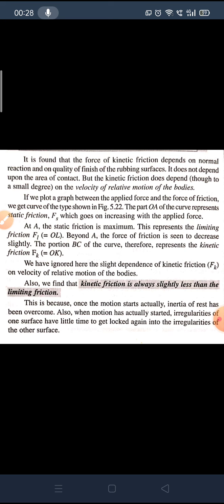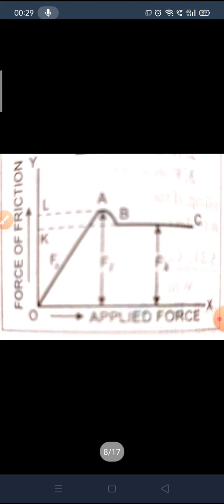If we plot a graph between the applied force and the force of friction, we get a curve. Here it is shown in the figure. Look at the curve carefully. The part OA of the curve represents static friction, Fs, which goes on increasing with applied force.